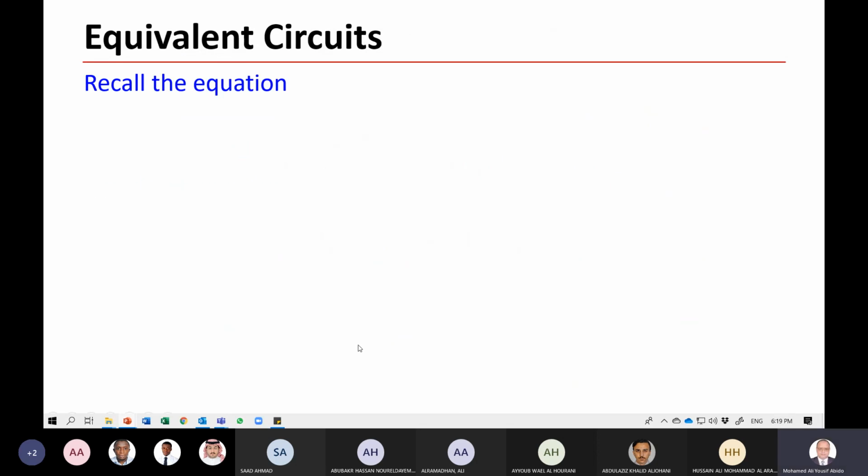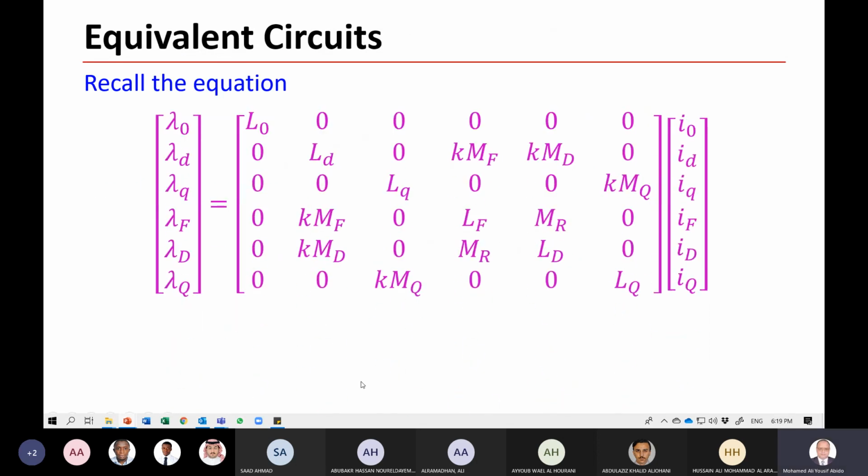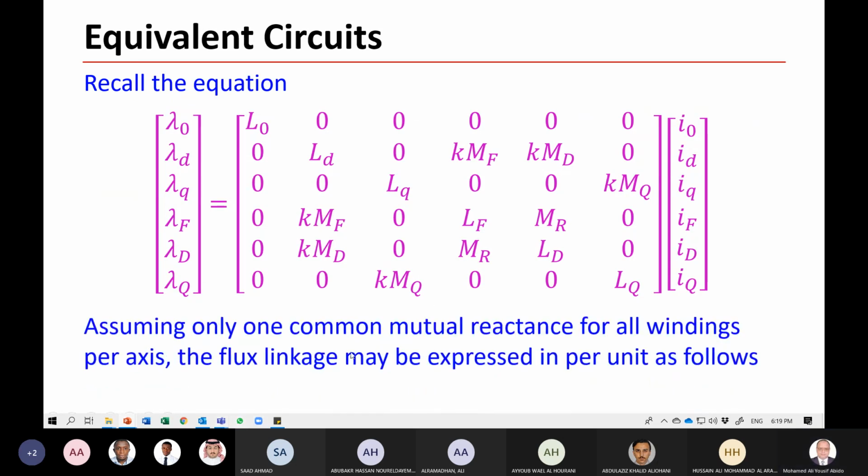Okay, so recall the equations. Here the flux linkage lambda equals L times current, assuming only one common mutual reactance for all windings per axis. And in the direct axis we have XMD for the direct axis linkage. What is the direct axis linkage?